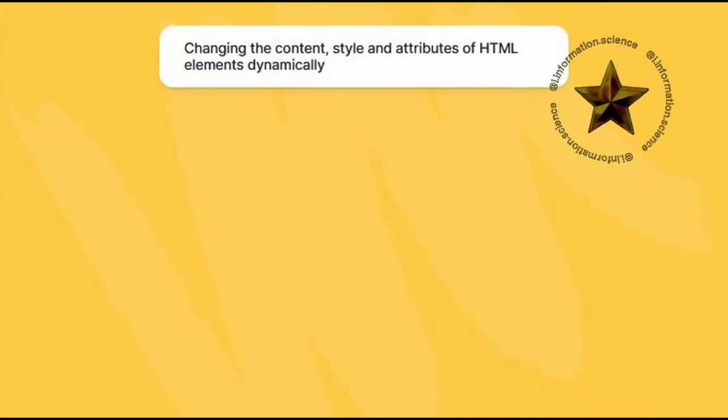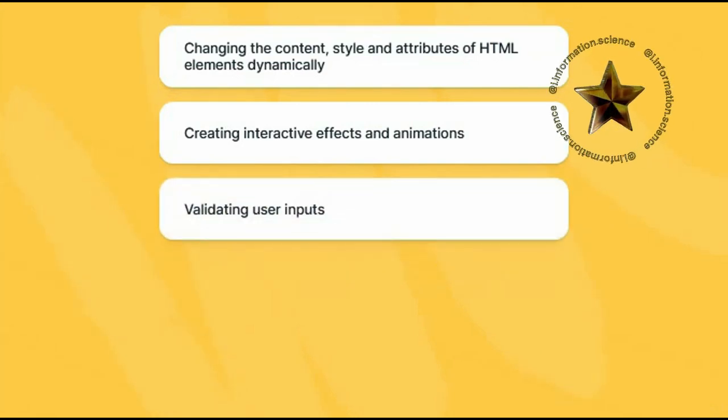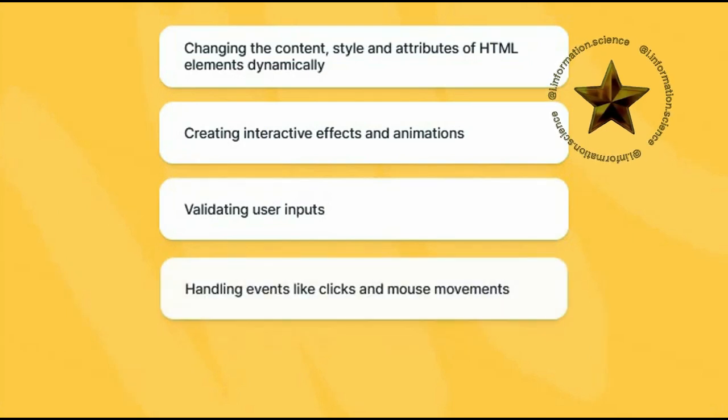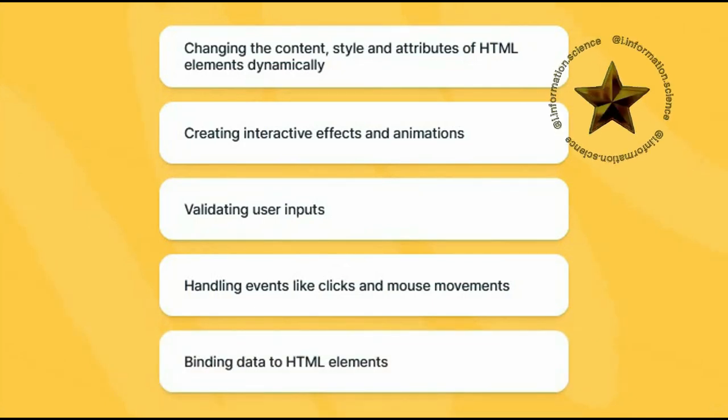Some key features and uses of DHTML include changing the content, style and attributes of HTML elements dynamically, creating interactive effects and animations, validating user inputs, handling events like clicks and mouse movements, binding data to HTML elements.